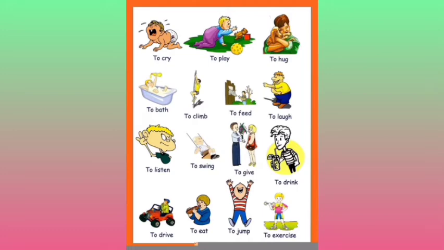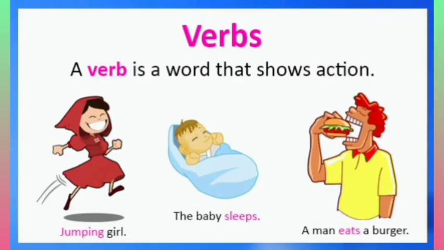So you can see all these words are denoting some actions. So what we are going to revise right now, I hope you have already guessed, we are going to revise something that is related with the actions. Okay, verbs. Yes, we are going to revise the verbs.